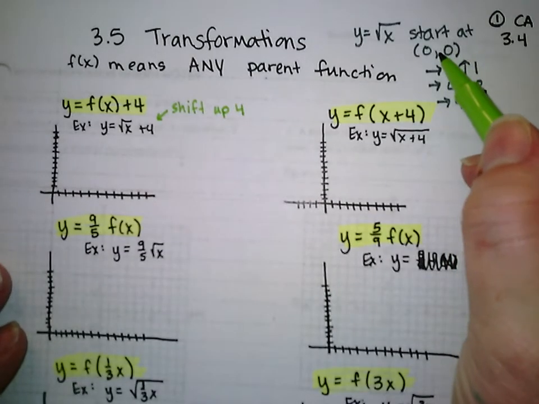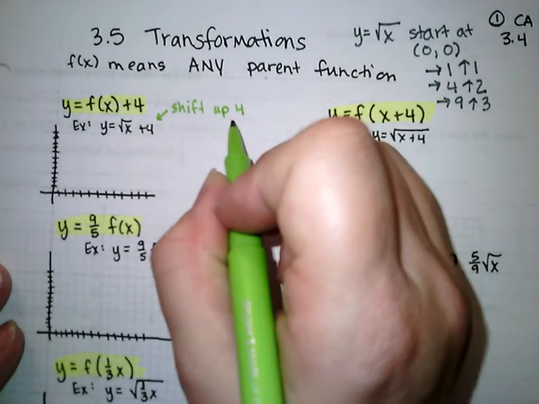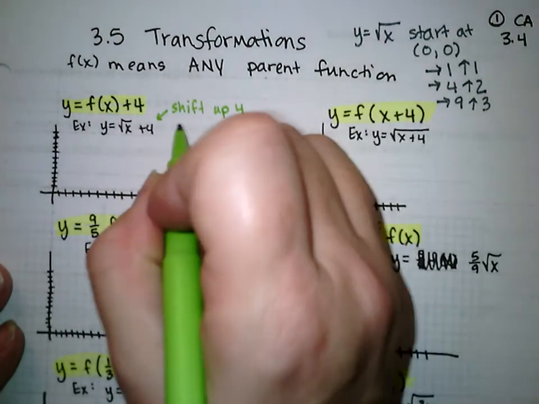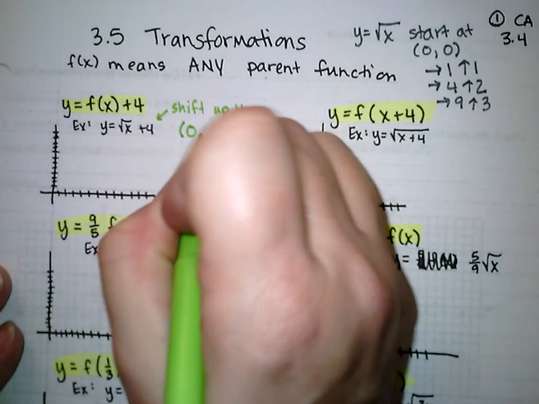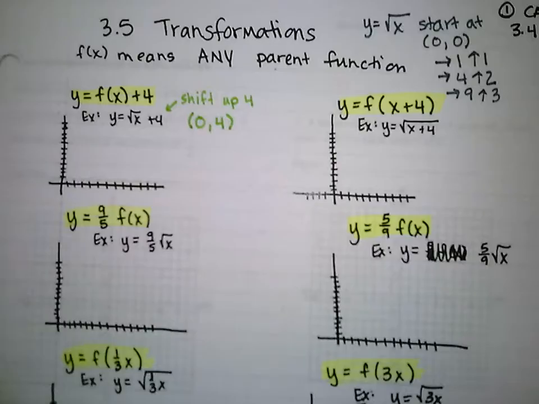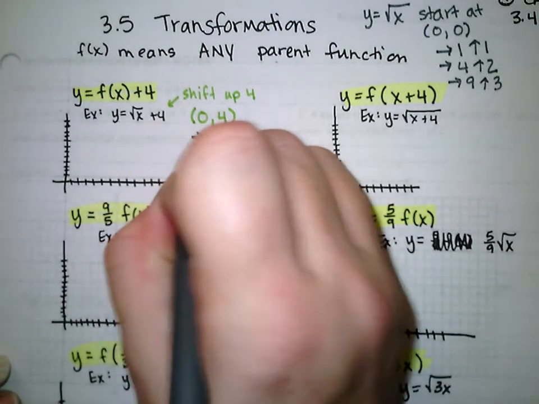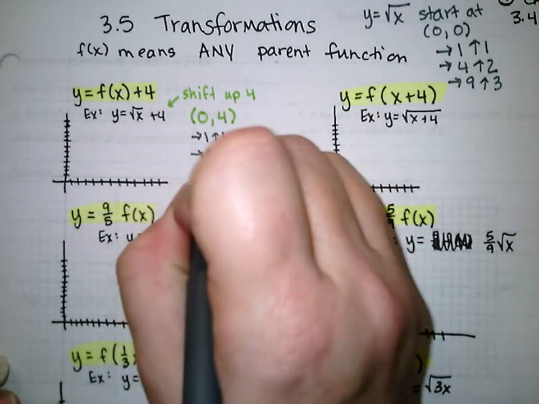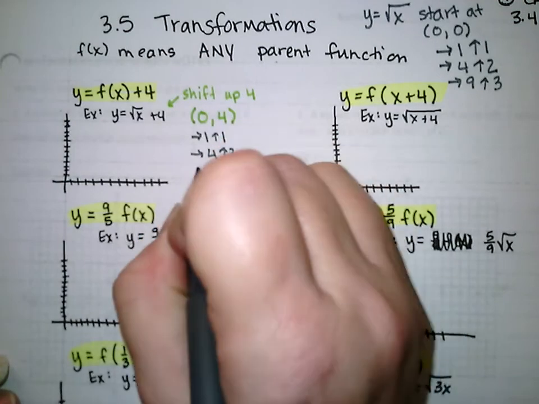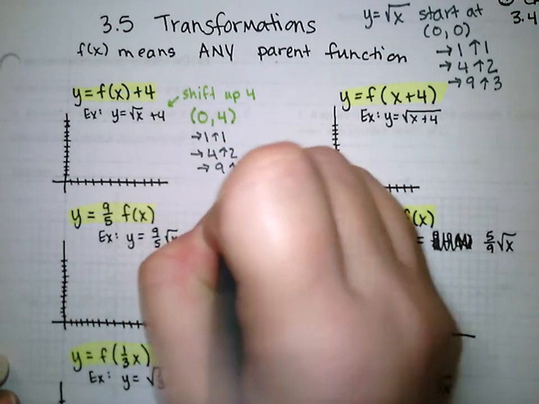When we shift up 4, that's going to add 4 to the y coordinate. So our start point is now going to be 0, 4, but it's not going to affect our pattern. We would still go over 1, up 1, over 4, up 2, over 9, up 3.